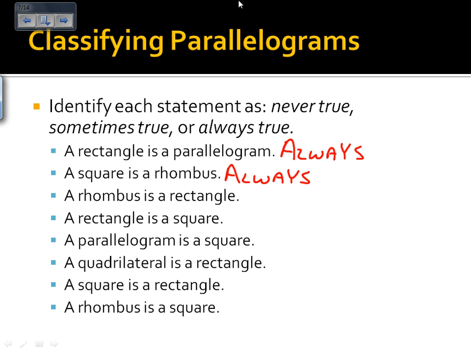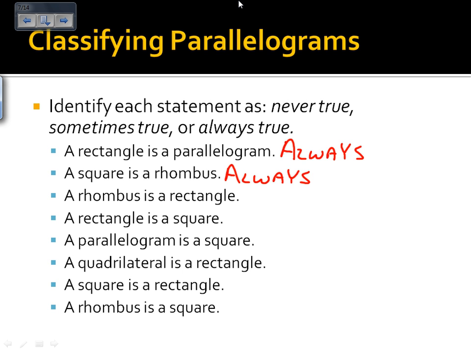A rectangle is a square. Always? So look at your picture. Find the rectangle. Doesn't a square have all equal sides? A square does have to have all equal sides. So it can't be? A rectangle cannot be always.